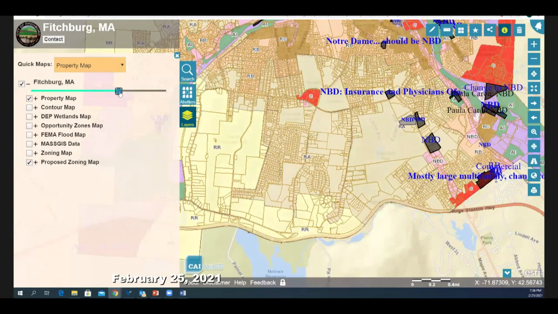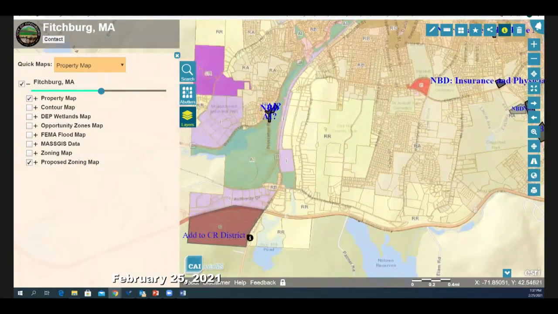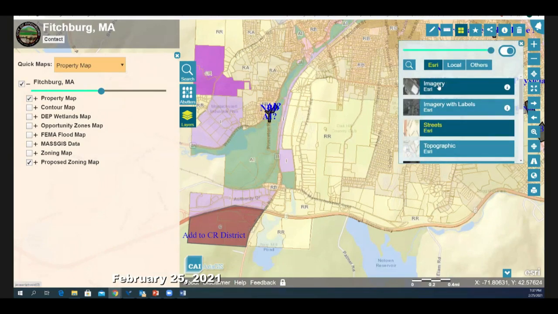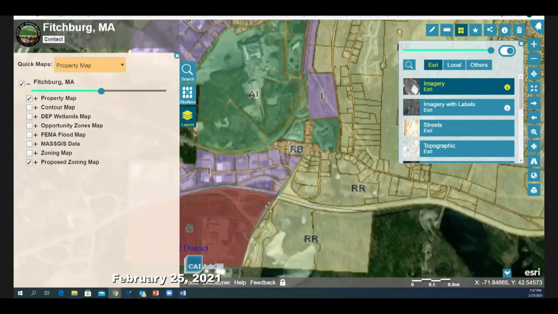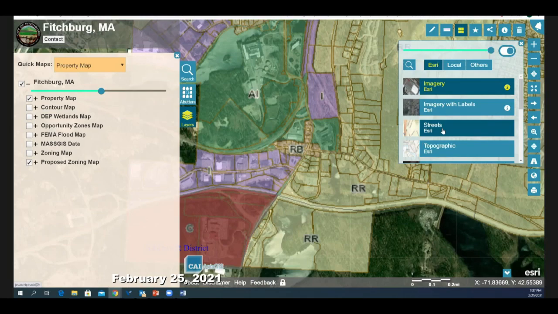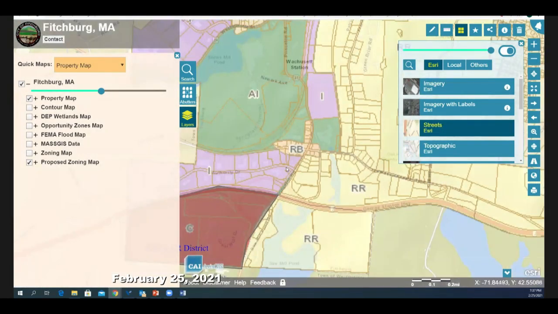So one thing I can do as we're reviewing here is make this somewhat transparent so we could see the parcels below. What I would ask of the committee for your opinion, if you think it's easier, we could review it with satellite imagery so you could actually see the properties that we're looking at, or we could go back to the traditional street map and then you could see what the streets are. I don't know if you all have a preference either way.